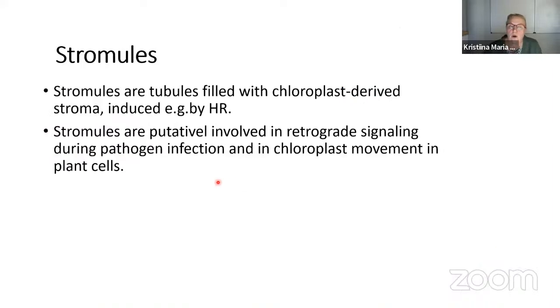There are also structures called stromules that are induced from the chloroplasts. They are tubules filled with the chloroplast-derived stroma, and they are induced by, for example, hypersensitive reaction. These stromules are likely involved in retrograde signaling towards the nucleus during pathogen infection, and as well they are involved in chloroplast movement in plant cells.